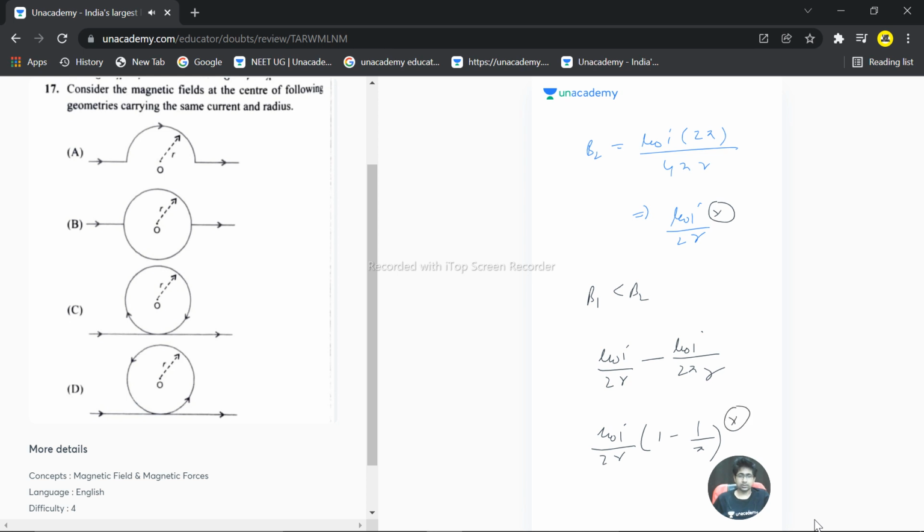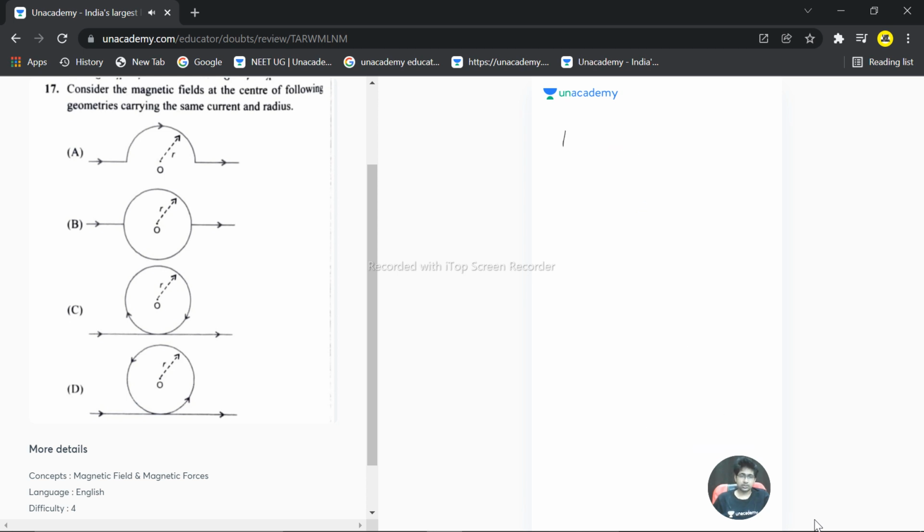Let's solve the last, not the least one. It's the D part. The current is flowing like this, and basically current enters like this and leaves something like this. Okay, so this time the field remains the same.